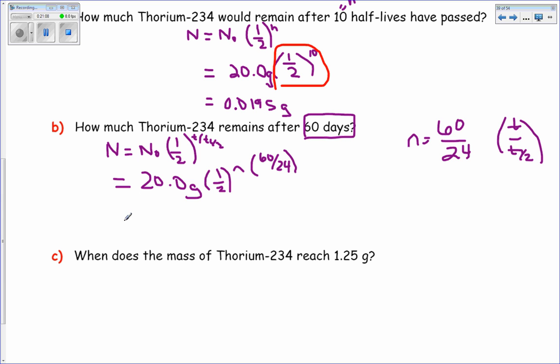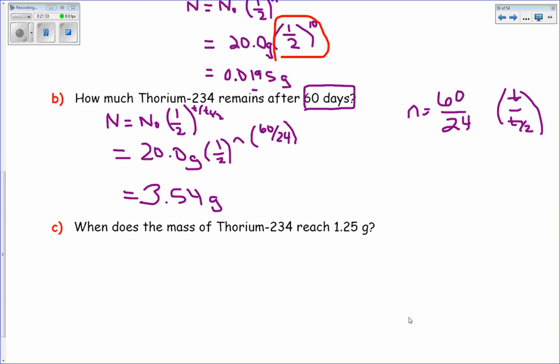And you should get, for this one, 3.54 grams. That makes sense that it should be more than what was left up here, because that was 10 half-lives, and this is about 2.5 half-lives. Try that on your calculator a few times to make sure you can get it, and make note of it if you're having trouble, and I'll help you with that on Wednesday.